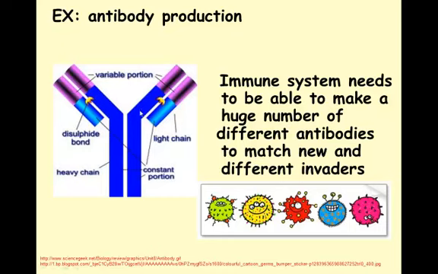Antibodies are proteins, and they have a portion of the antibody molecule that's the same in every antibody. But if you think about it, antibodies are directed against invaders, right? Every time you have a germ or a virus enter your body, it's a little bit different. Measles virus is different than mumps or AIDS, or think about bubonic plague or strep throat or any of the other diseases that you could get.